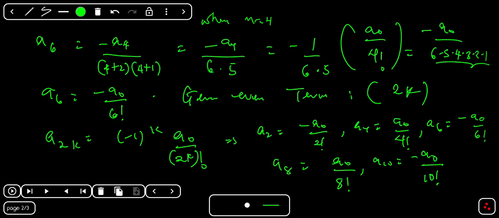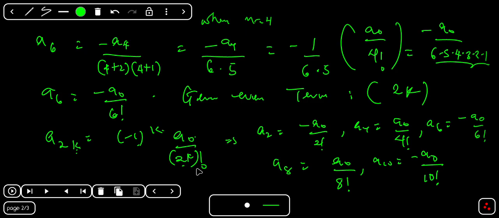So this is an alternating sequence. So you can see minus 1 raised to the power of k. So when k is 0, you're going to have a naught. When k is 1, that will be a2 is equal to minus 1 raised to the power of 1, a naught over 2 factorial.